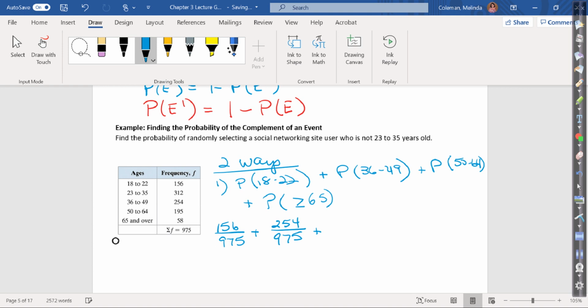The probability that they're in the next group would be 195 over 975. And the probability that they would be 65 and older would be 58 over 975. If I add all these together, I would get 663 over 975, which is exactly equal to 0.68.